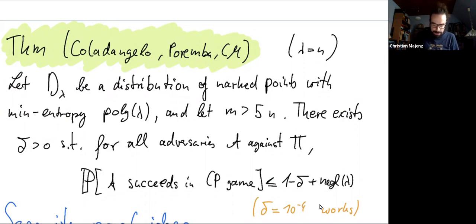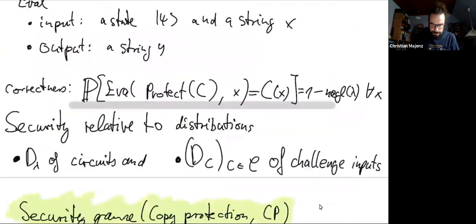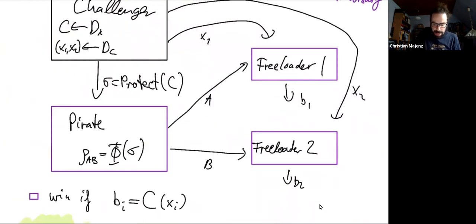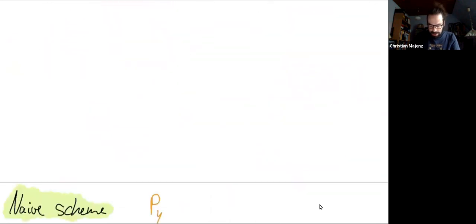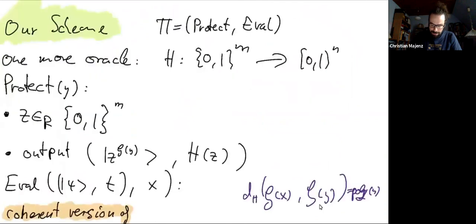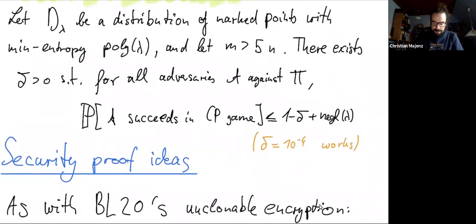So note that if we go back to the copy protection game, depending on that input, that distribution of challenges, and depending, for example, also on the output length of C, even if the pirate doesn't send anything at all, freeloaders 1 and 2 might have some non-negligible probability of guessing the output correctly. But in a properly secure scheme, we would have to compare the adversarial success here with that best guessing probability, and we would like the advantage to be negligible instead of constant.